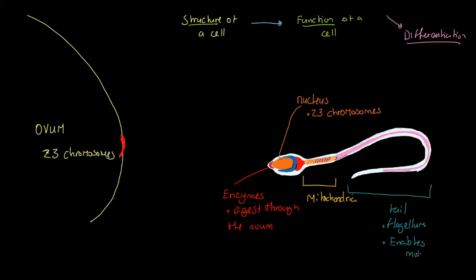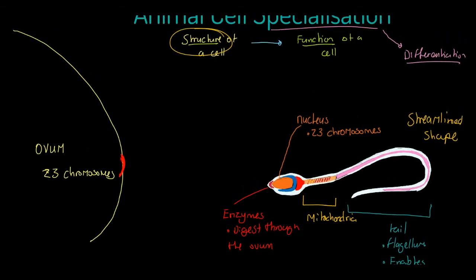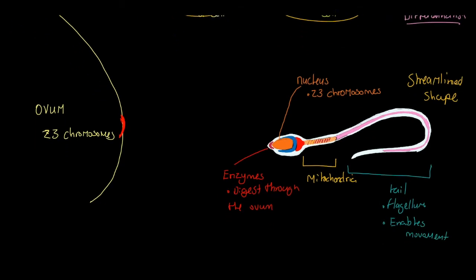Finally, looking at the big picture of our sperm cell, we should recognize that it is a streamlined shape. In terms of the efficiency of movement and the long journey that it has to follow, the structure of this cell makes perfect sense in relation to what this cell has to do. Okay, lovely. Let's move on.